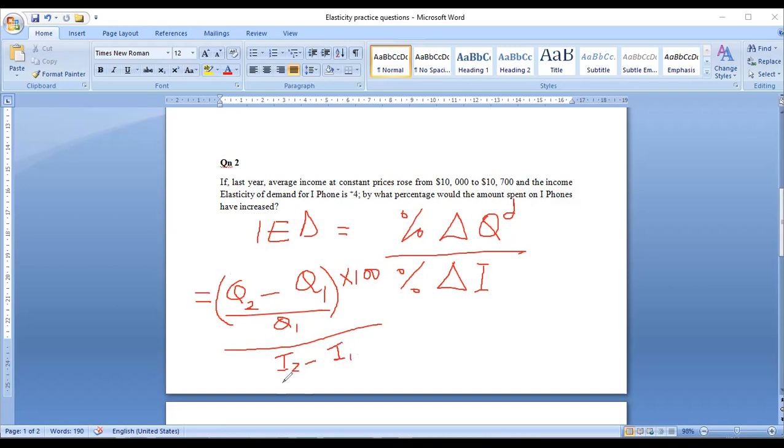Remember, you can also use the midpoint formula. Whichever you use, you get the same conclusion.